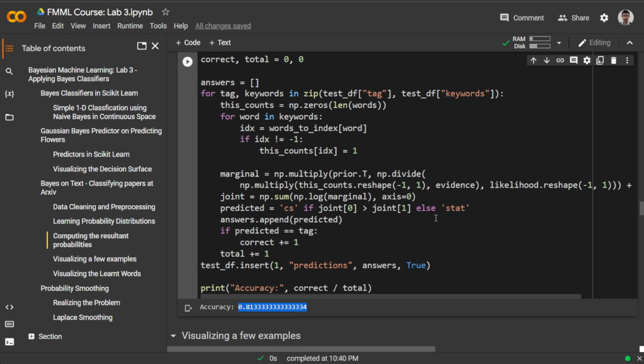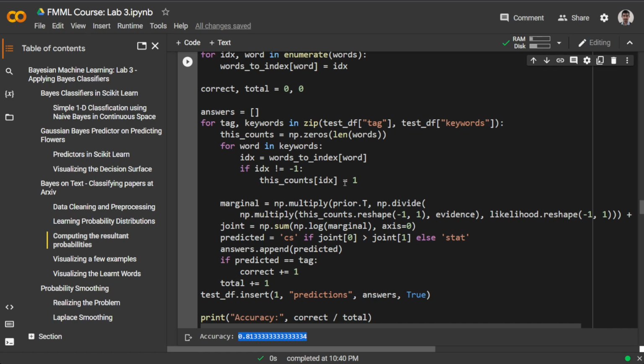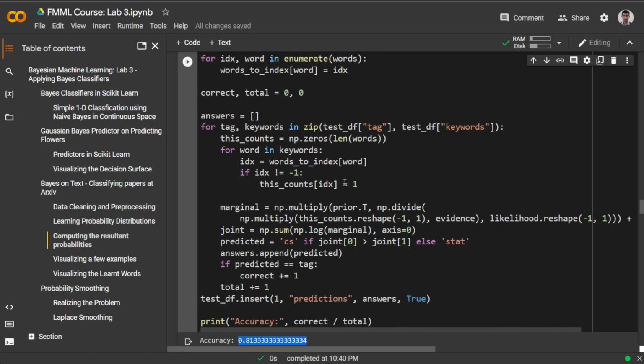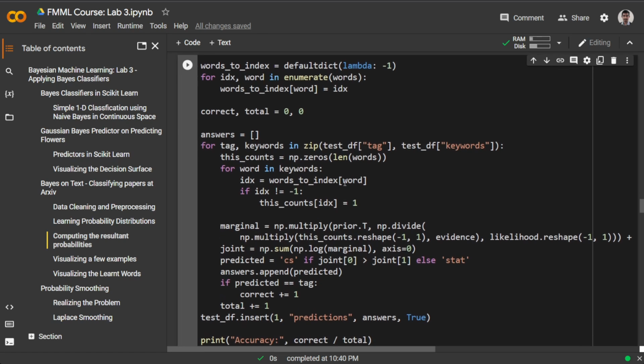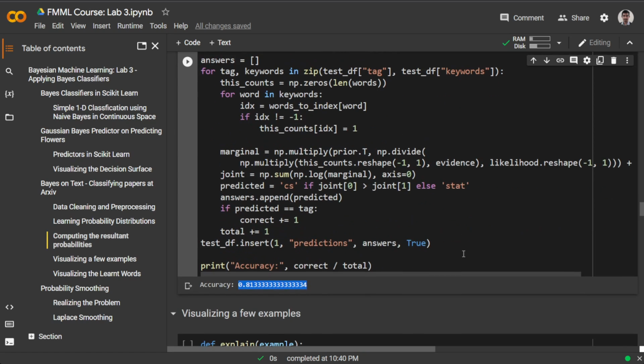There is one more important thing to note here. If there are no counts of a word, that is, we never see a word in the entire dictionary for one of the two subjects, computer science or statistics, then there is going to be a zero probability associated, because none of the examples in our data set had one of these words in some of the classes.